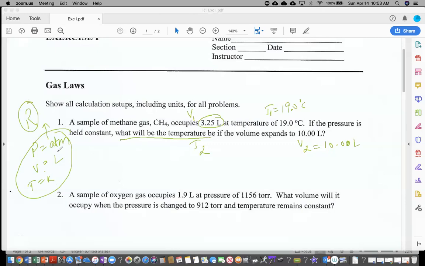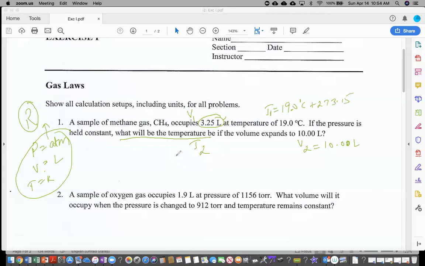Otherwise, it doesn't matter for P and V; they should just match. If this is liters, it should match. If this was mLs and mLs, that works. But if the temperature is in Celsius, we want it in Kelvin, so you just add 273.15 to that number.